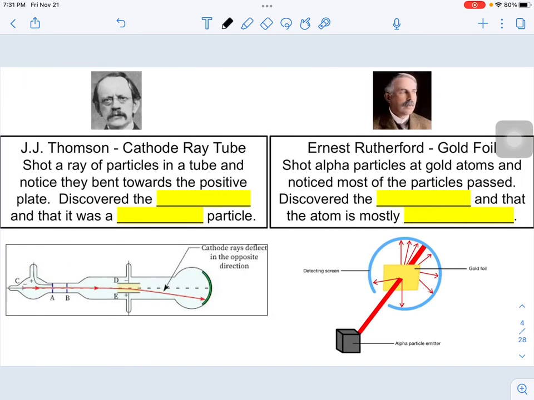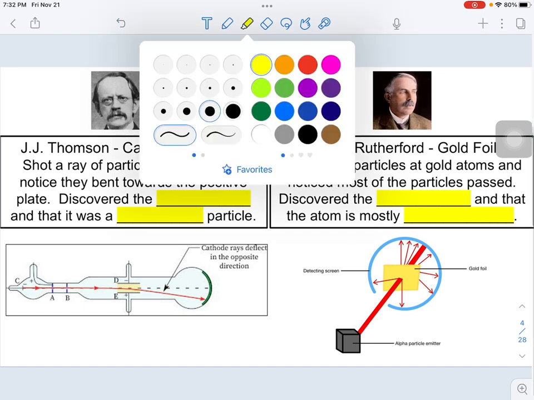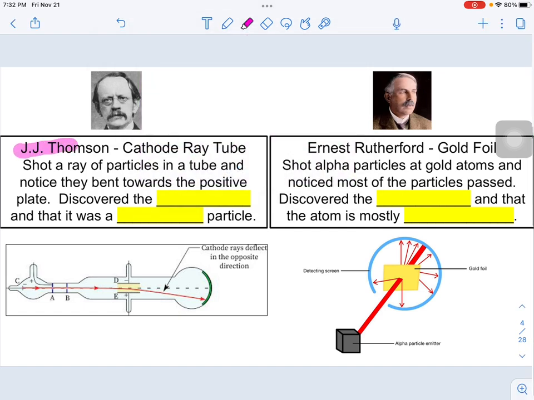Let's talk about two major experiments that contributed to modern atomic theory. First of all, we have, let me get my highlighter out, J.J. Thomson, and his experiment was called the cathode ray tube experiment. If you look at my highlighter, let's look at this image on the bottom.